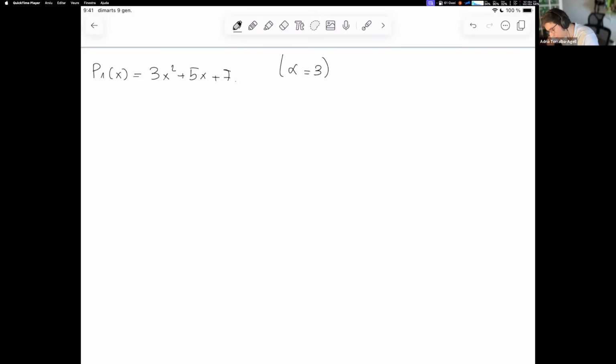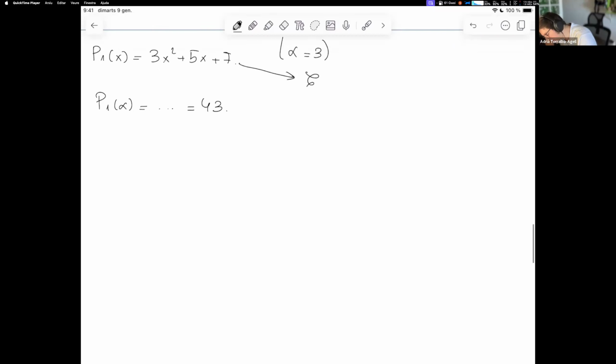Then the prover can commit to this, and in particular, he can evaluate P1 of alpha because he knows alpha now. And P1 of alpha is 43. We don't even care about modulus here.